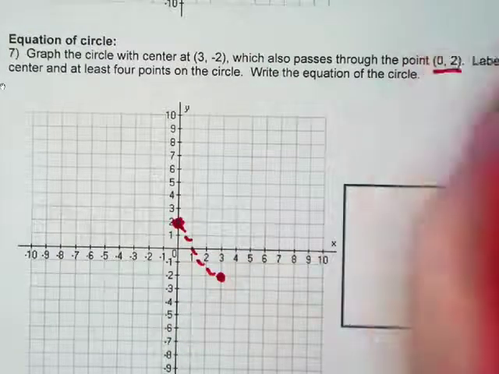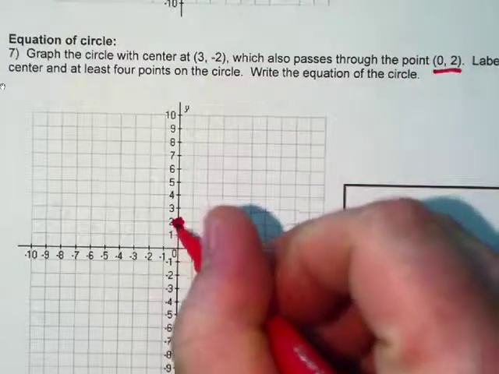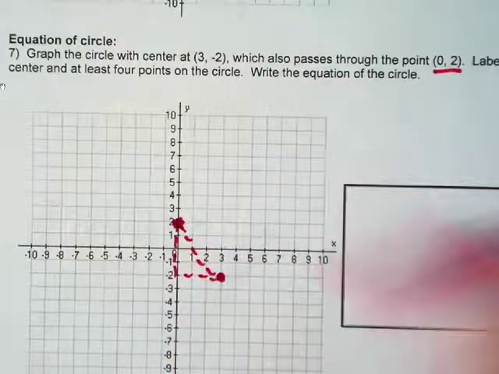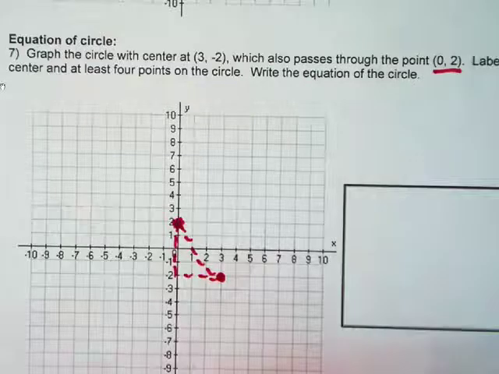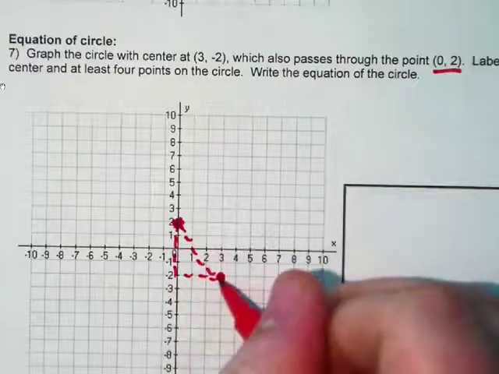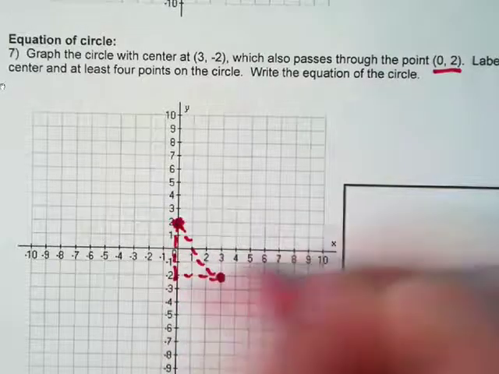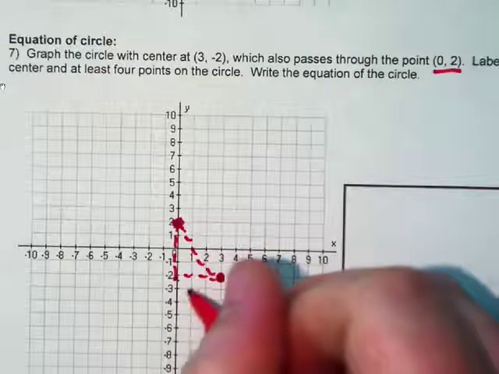So we have the radius, and with that radius we can say, all right, well, how do we get from here to here? And we see the right triangle. So with the right triangle we say, okay, how far is it from here to here? Well, that's the change in y. That would be from 3 to 0, that would be 3.